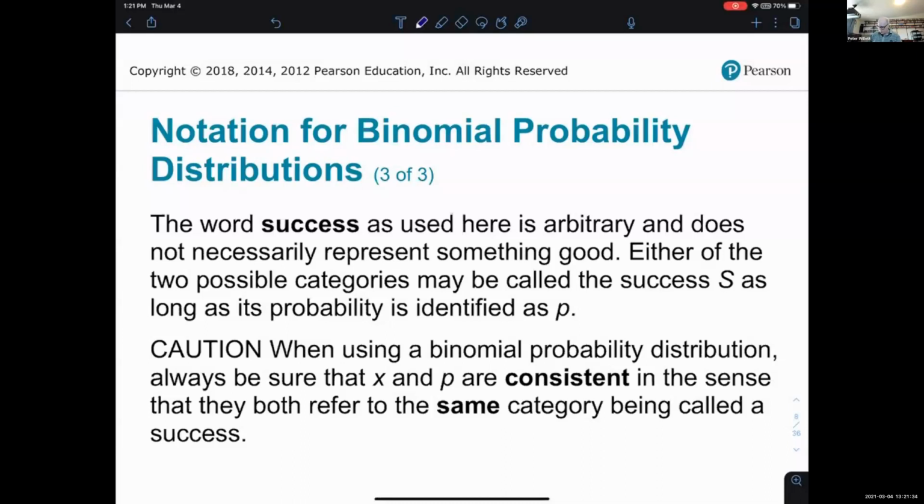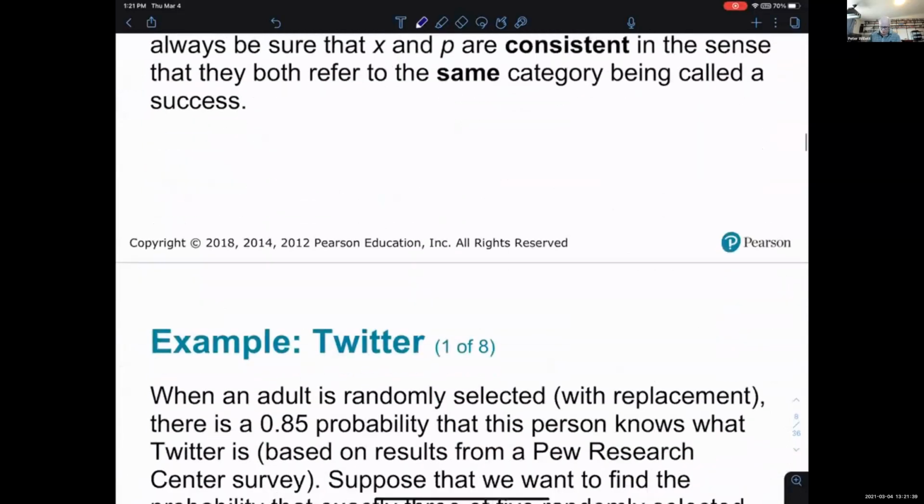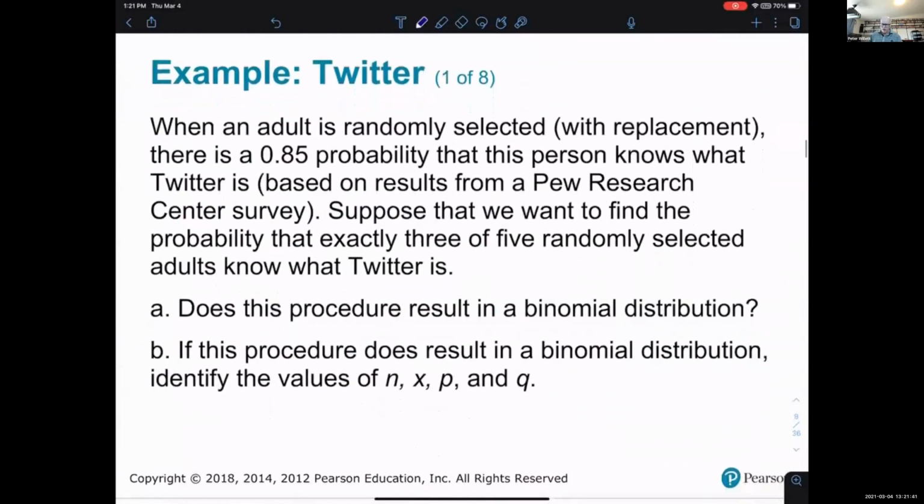All right, we're up to slide number 8 out of 36. We probably won't get to them all as usual. But here's one example in which they have 8 slides. So this is their example to really try to help us think about the notation and this idea. When an adult is randomly selected with replacement, that's a term from chapter 4, meaning that you put the adult back into the people that were chosen from when you choose again later, and you might have the possibility of picking that same adult again.